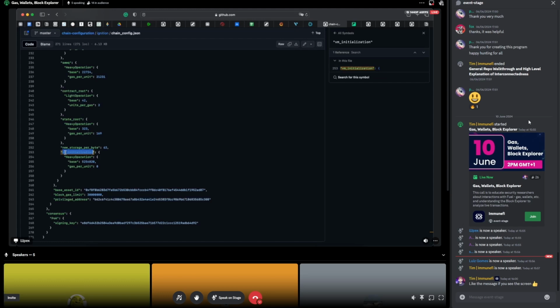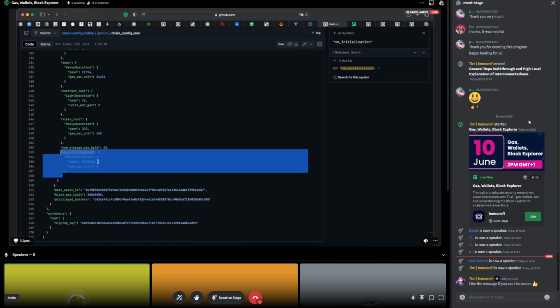In I think 3-4 days, we will update testnet to use the new optimized VM initialization. And instead of 5 million gas, it will cost 61 gas. So here's an example of what we will charge you for.